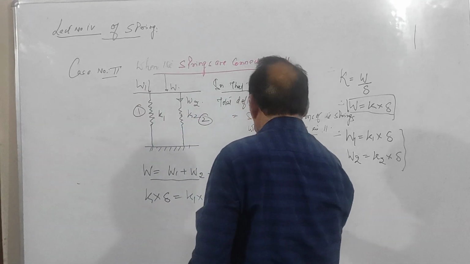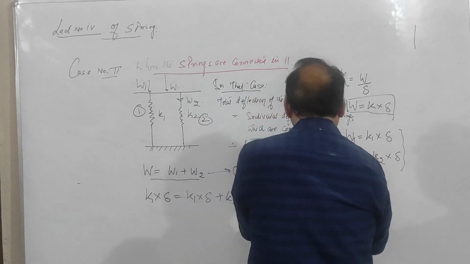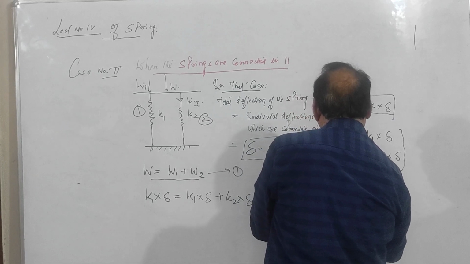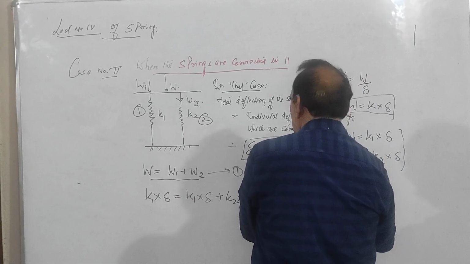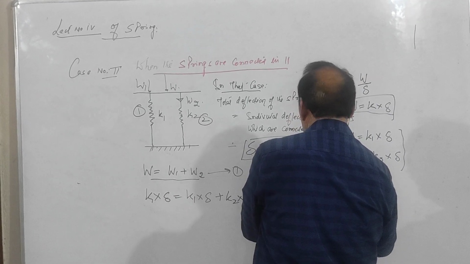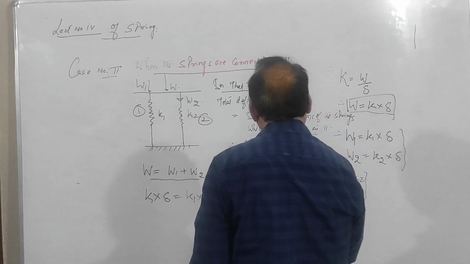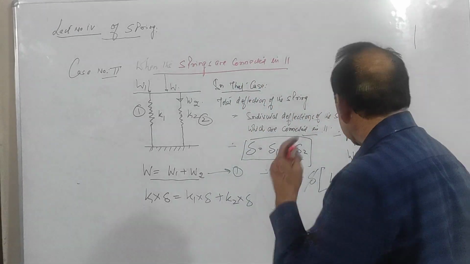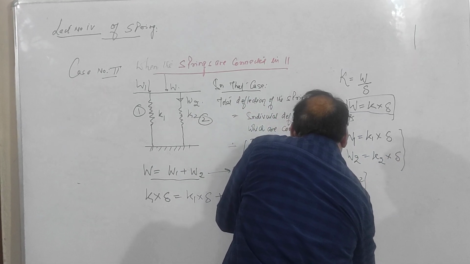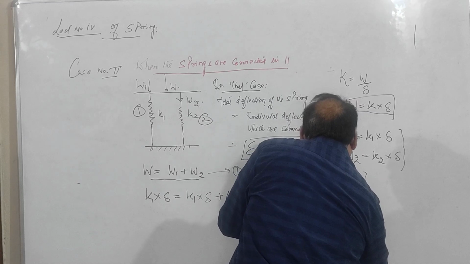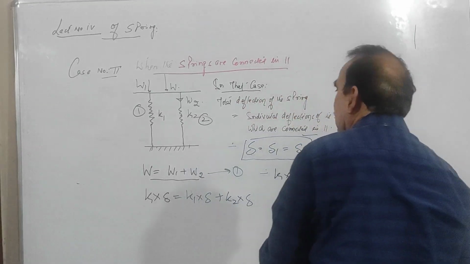Therefore K into delta is equal to, sorry, delta is common, K1 plus K2. So delta and delta ये चला गया यहां से. Therefore the total stiffness in this case, K is equal to K1 plus K2.